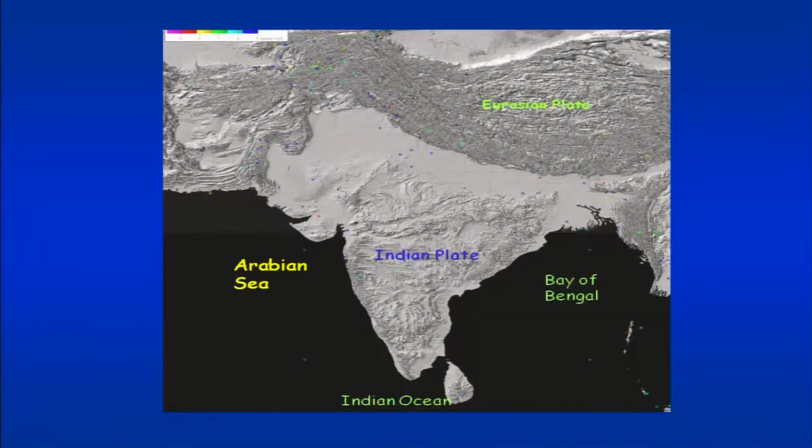So, the GPS measurements from South India, that is from Bangalore, keeping the Eurasian plate fixed, show that the movement is almost around 50 millimeter per year.